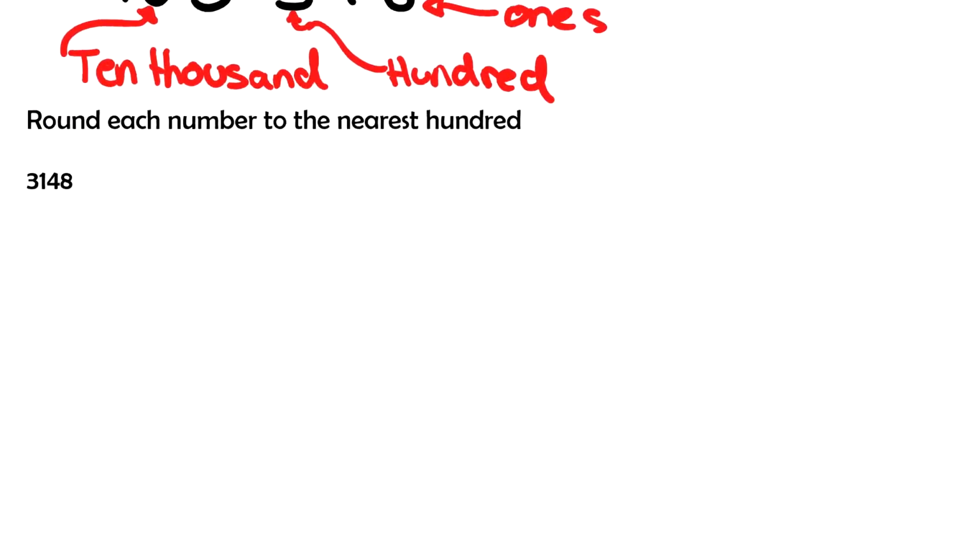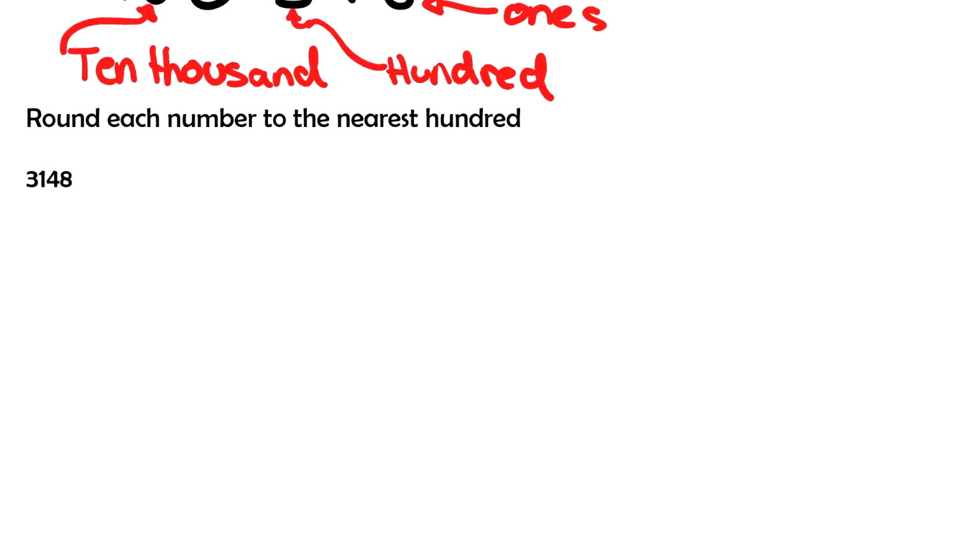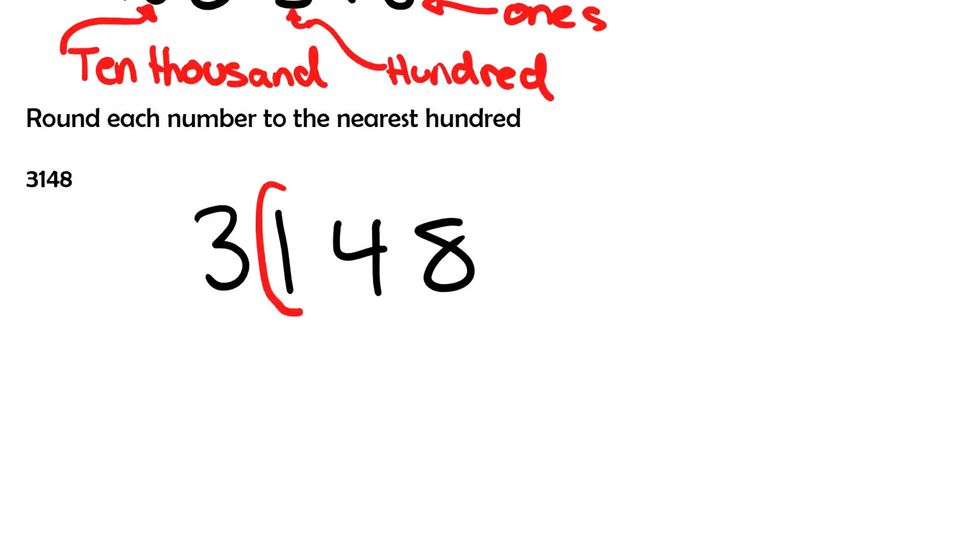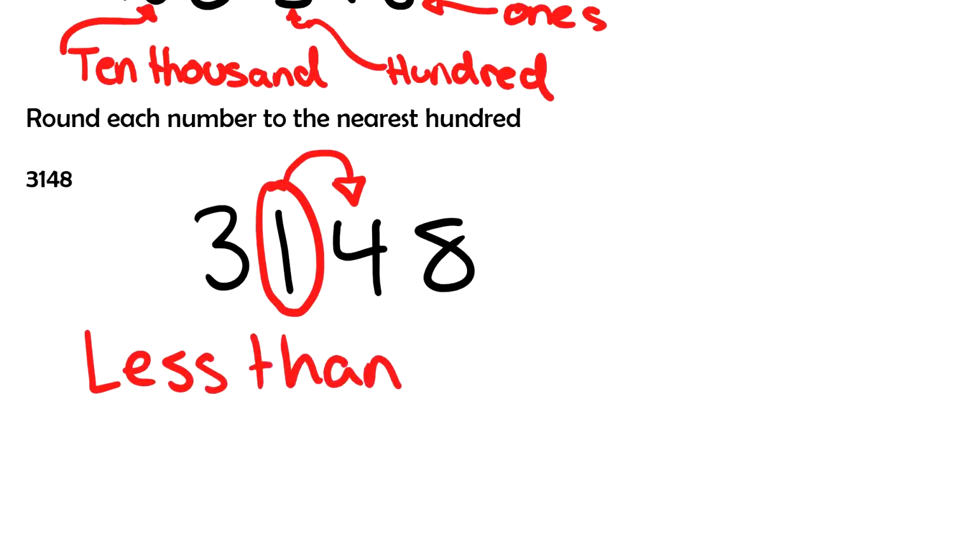So the first example we're looking at is round each number to the nearest 100. So we have 3,148. I'm just going to write it a bit bigger. And we're rounding to this position. So what we do first is we look to the number to the right. Is that number greater than 5? No, it's less than. And if it's less than 5, we know we round down.